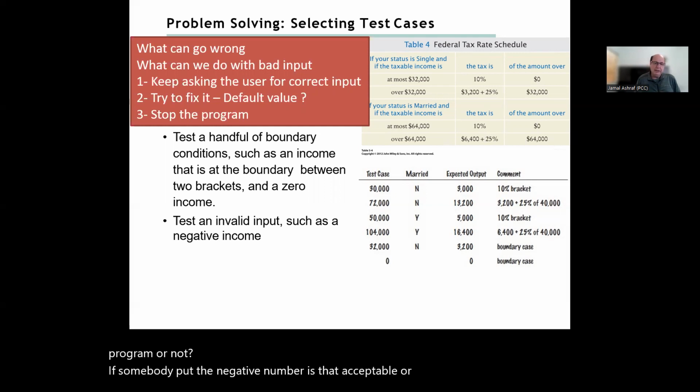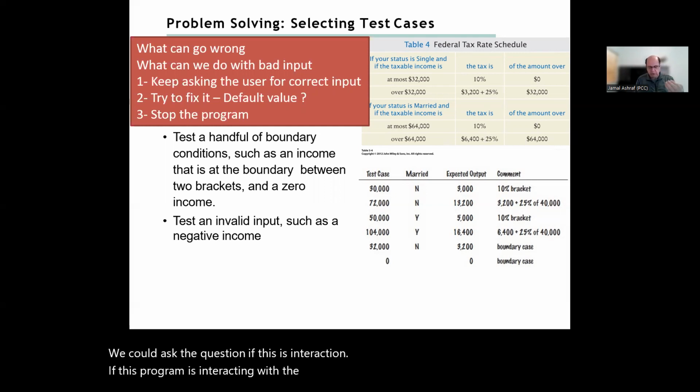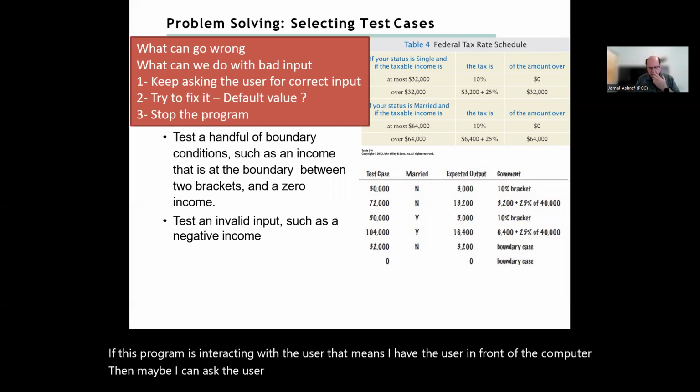So when we're looking at the input, we have to ask the question if this program is interacting with the user. That means I have the user in front of the computer, then maybe I can ask the user to correct it.